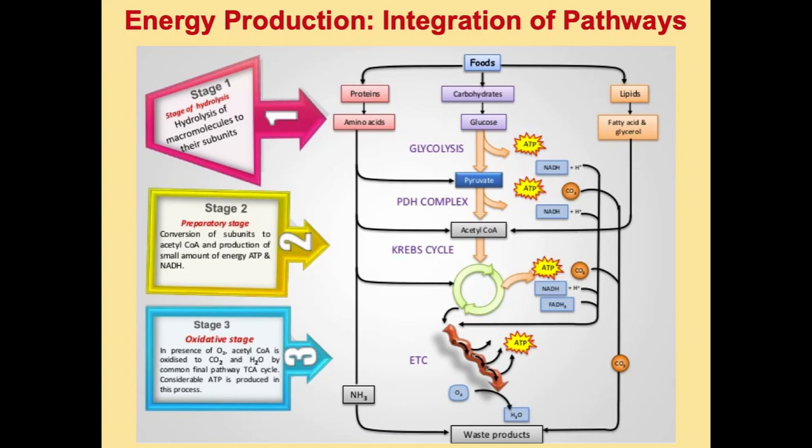Pyruvate can then be converted to acetyl-CoA inside the mitochondria. Acetyl-CoA will then enter the Krebs cycle, or the citric acid cycle, which will generate again a small amount of ATP, carbon dioxide as a waste product, and of course the electron carriers NADH and FADH2. And it's the high energy electrons from these electron carriers which then pass through the electron transport chain here at the bottom, and this is what drives oxidative phosphorylation to produce ATP, using oxygen also to produce water.